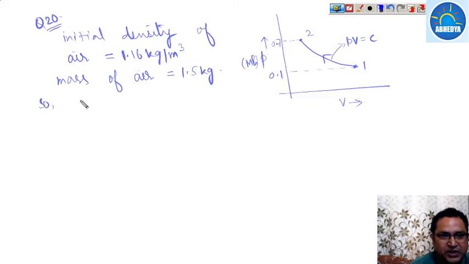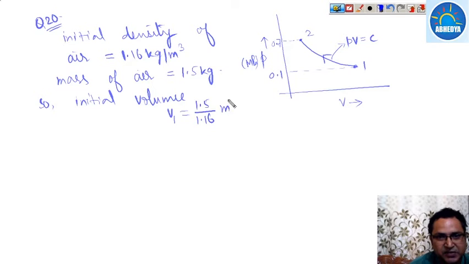So the initial volume will be equal to 1.5, that is mass, divided by density, that is 1.16, this much meter cube. This is the initial volume.